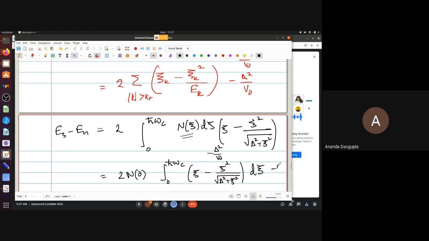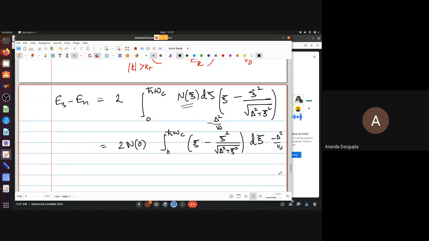So there's a minus delta square by v0 outside anyway. Now, once again, this integral is a rather trivial integral to do. So homework, carry out this integral. It's very easy to do if you make the substitution xi equal to delta sine hyperbolic t and work through this.